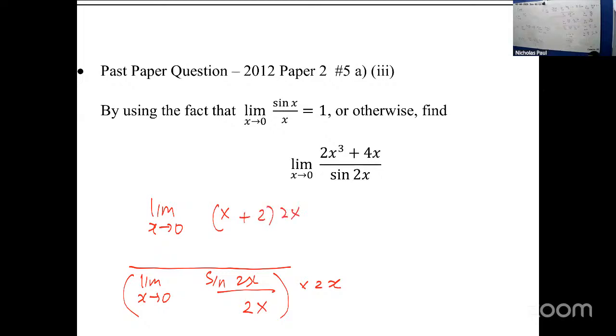And then, trying to save space, what will happen next? The 2x will cancel. The 2x will end up cancelling in the end, but I'm supposed to write one more line and I don't have more space. Then plug in 0 on top, you'll get 2, and underneath is 1. So the answer is 2. The 2x will cancel from here and here, and then the 2 will cancel. So final answer is 2.